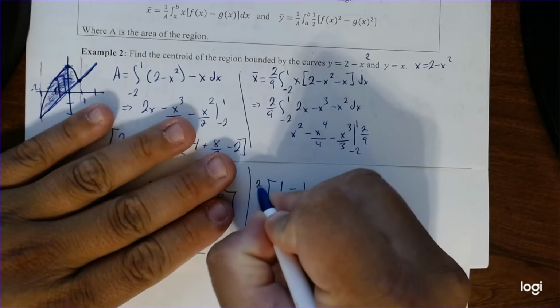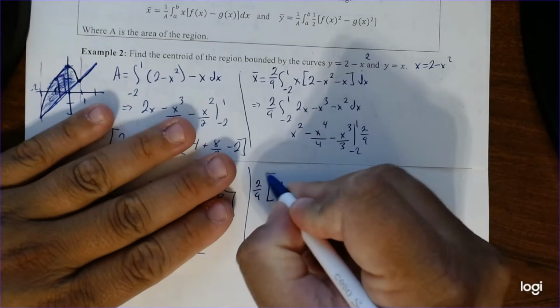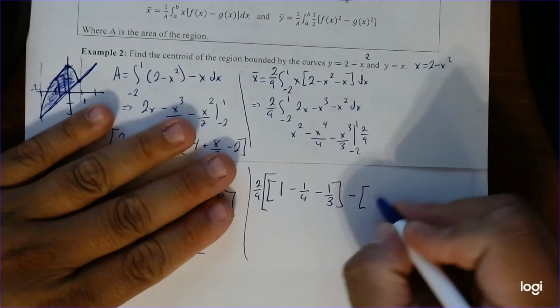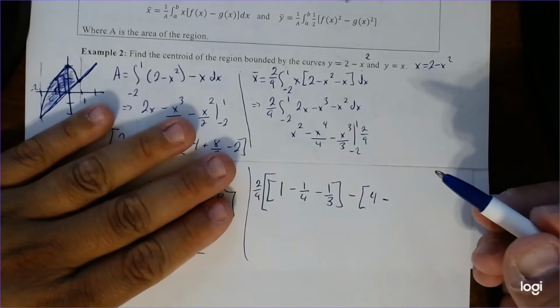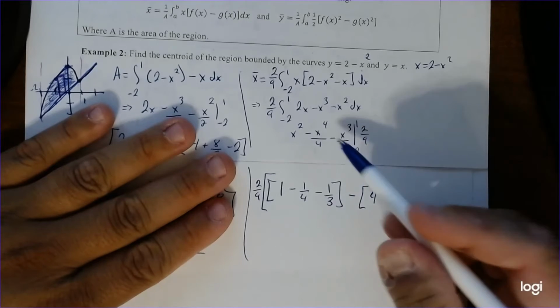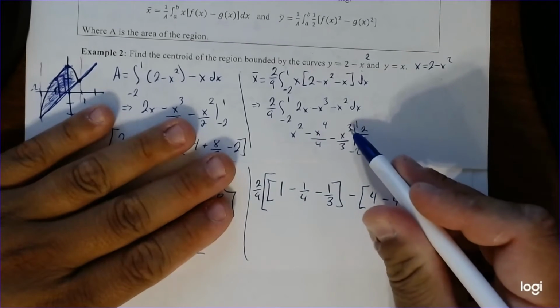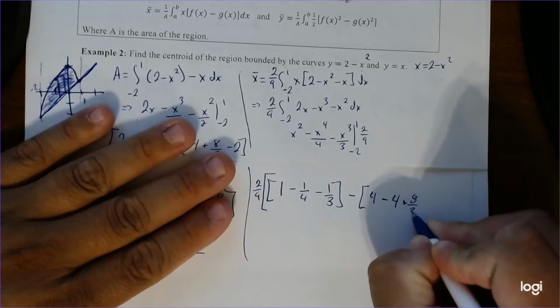This whole thing is being multiplied by 2/9 minus a bigger one. Here plug in -2, so -2 squared is 4 minus -2 to the 4th was 16. 2 times 2 is 4, 8, 16. 16 divided by 4 is going to be 4. And this is going to be positive 8 over 3.